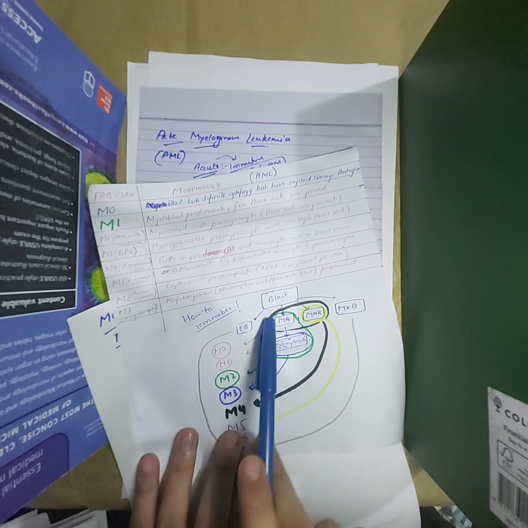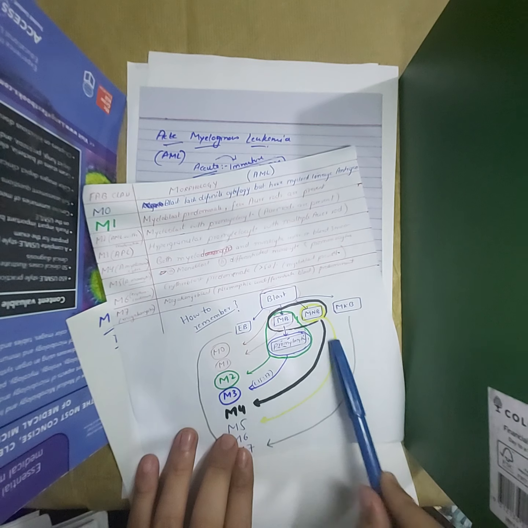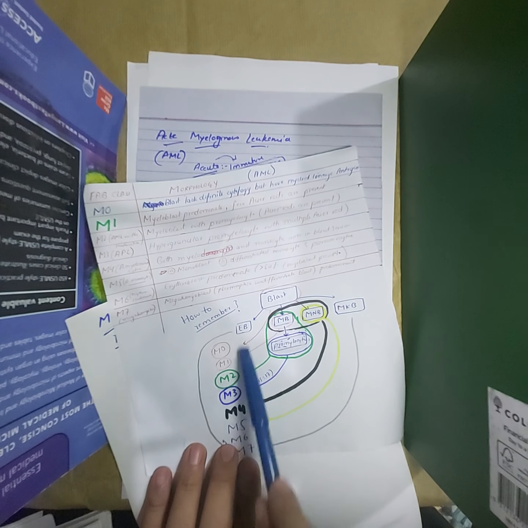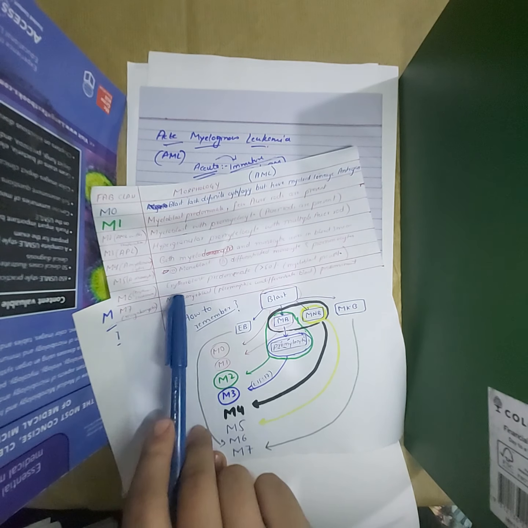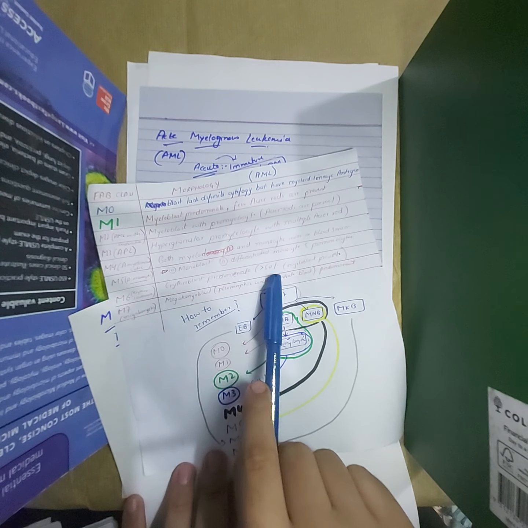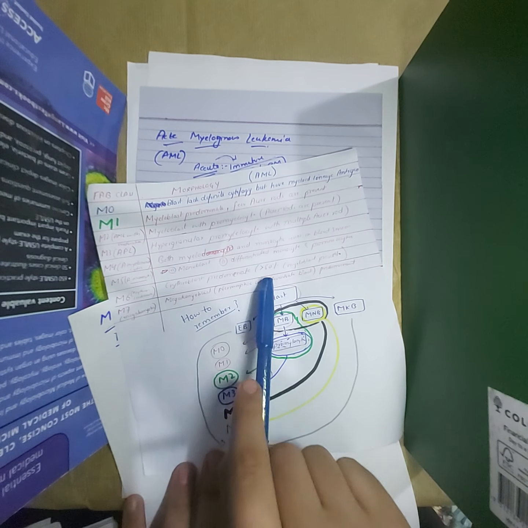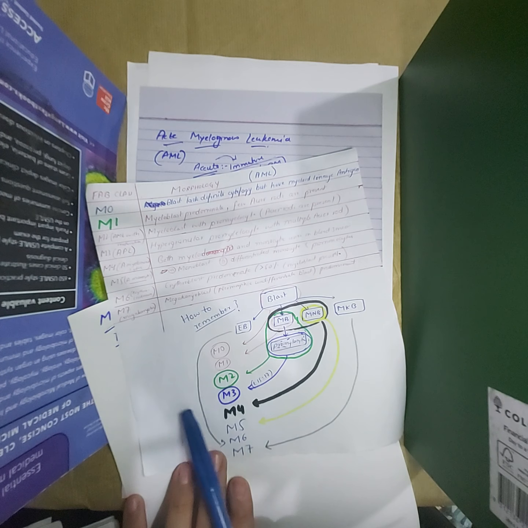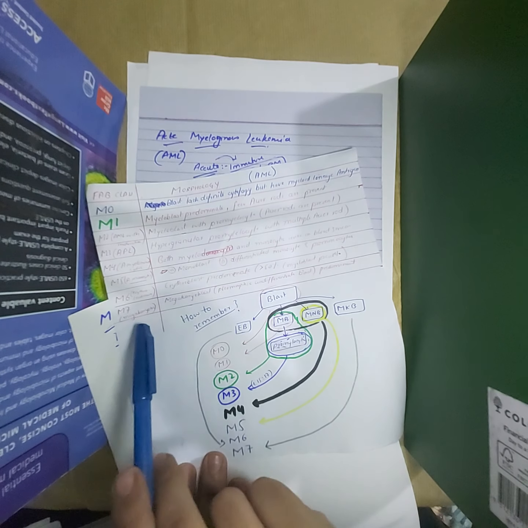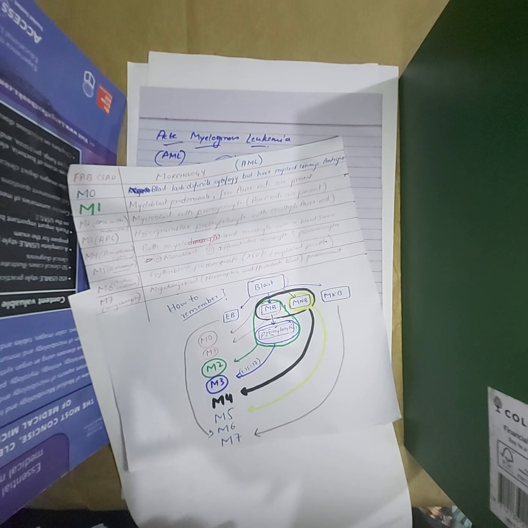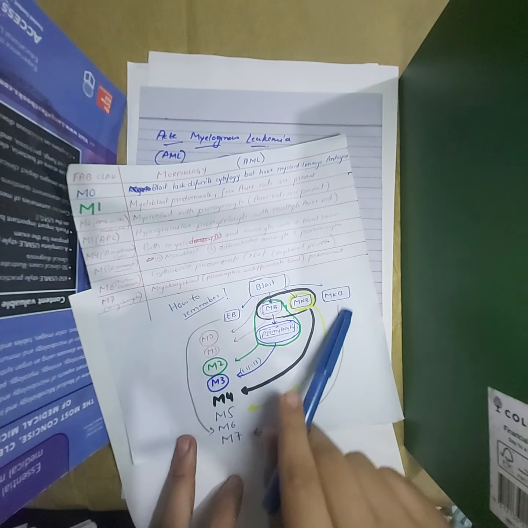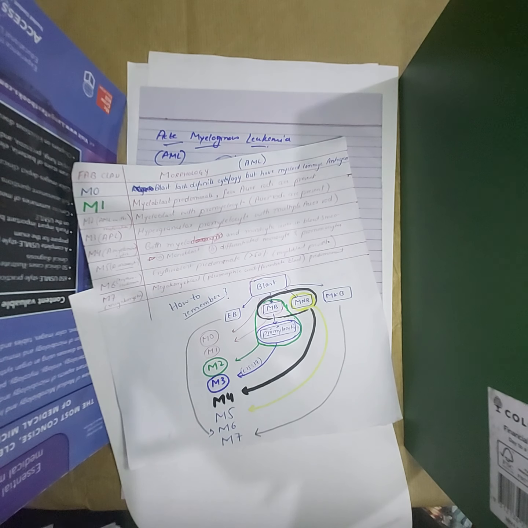In M6, erythroblasts are predominant, more than 50% of cells. In M7, megakaryoblasts are present and predominant.